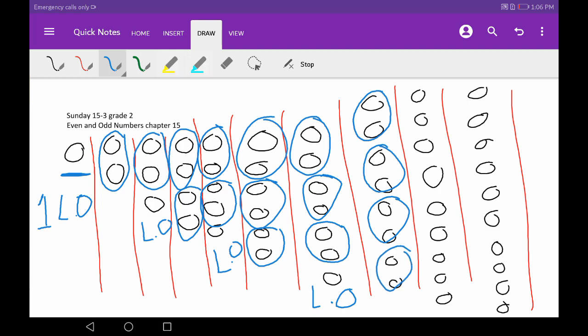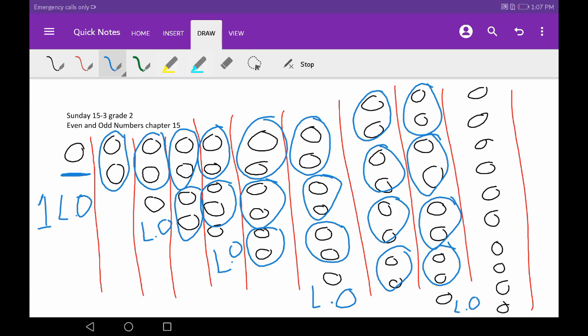So 8 divided by 2 is 4 equal groups of 2 and there is no leftover. Let's go for 9. 1, 2 groups, 3 groups, 4 groups, and there is a leftover. So 9 divided by 2 is equal to 4 groups and there is 1 left over.